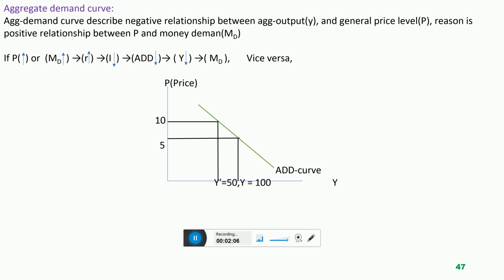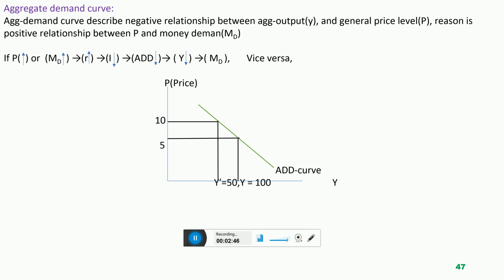If the general price level increases, aggregate output of the economy will decrease, and if the price decreases, aggregate output will increase. So the aggregate demand curve represents a negative relationship between the general price level in the economy and aggregate output, and this is also negatively sloped.